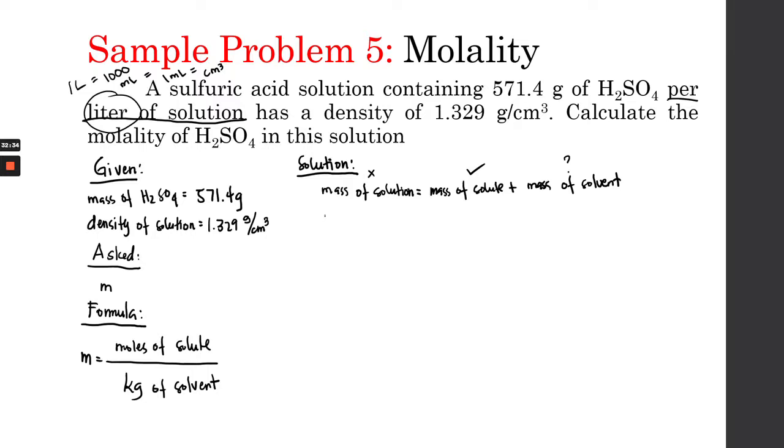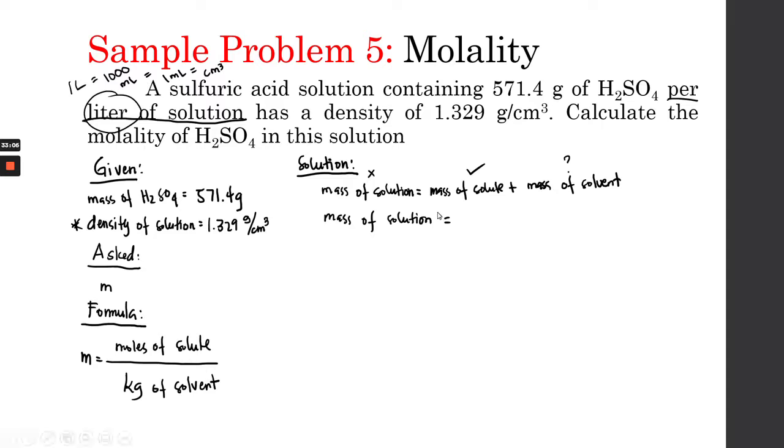To get the mass of solution, we have to take this 1 liter of solution and use the density to find the mass of our solution. So we have 1 milliliter, in this case 1000 cubic centimeter.